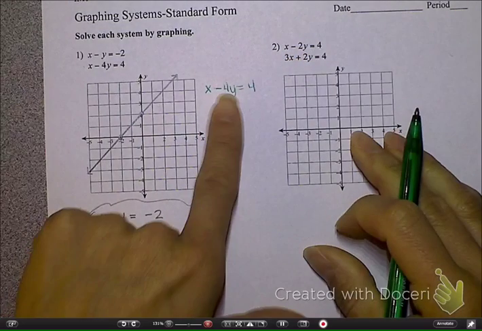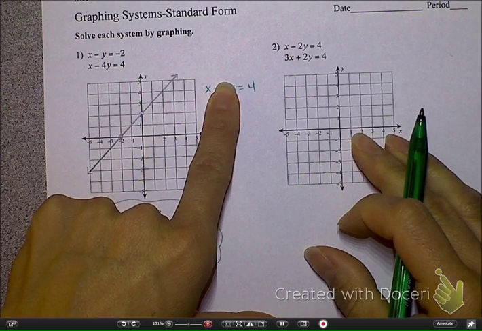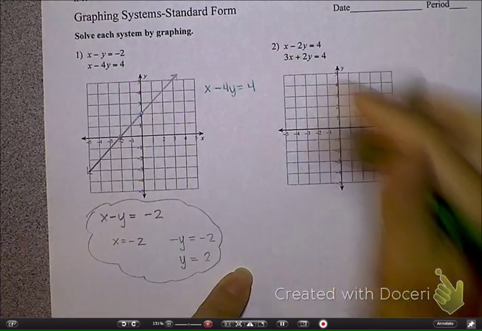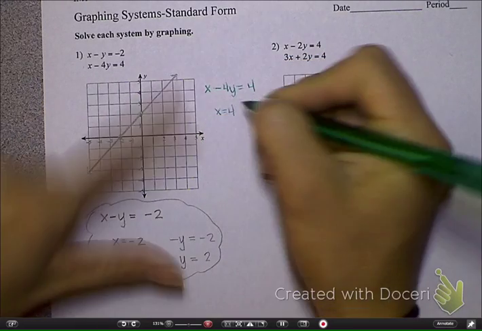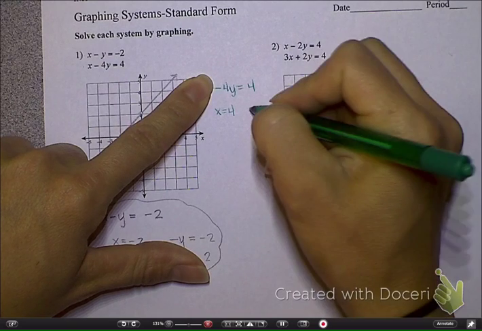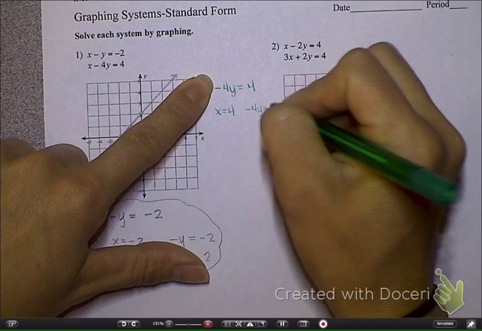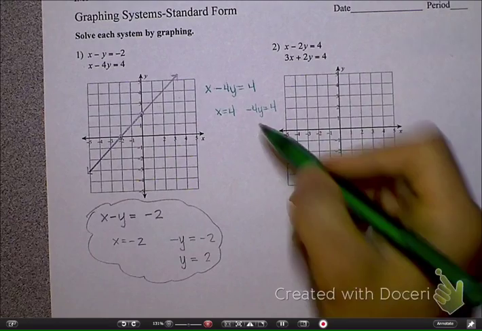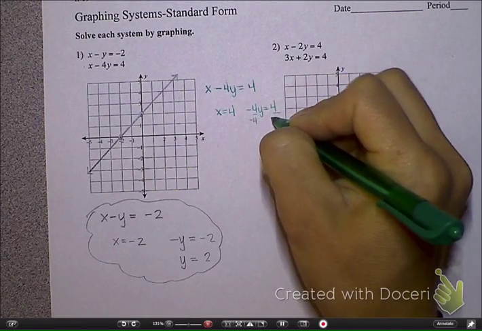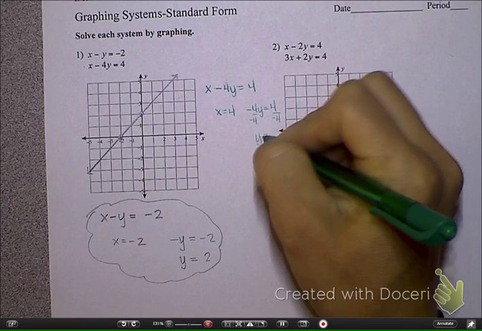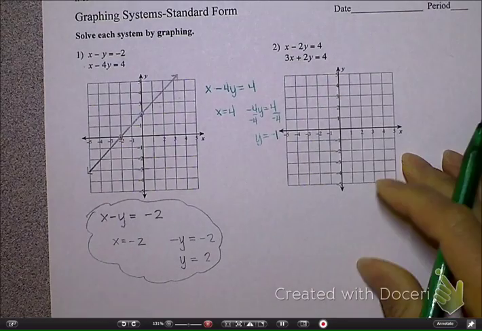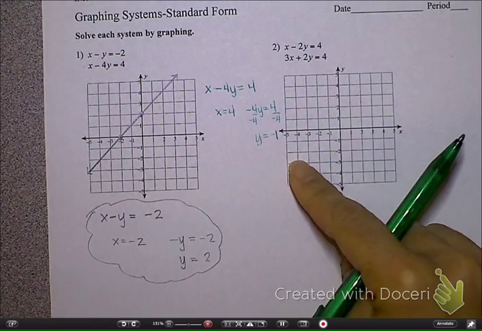When I cover up to find the x-intercept, what is it? 4. Now when I cover up and solve for the y-intercept, I get -4y equals 4. How do I solve for y here? Divide by -4. So what is the y-intercept then? -1.